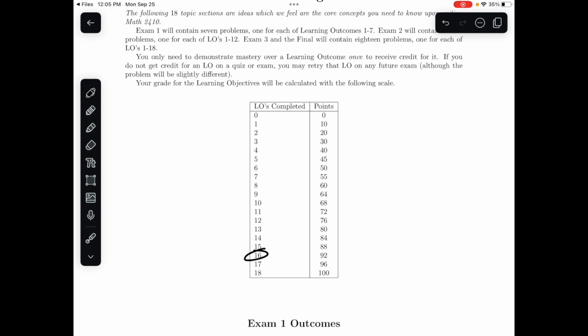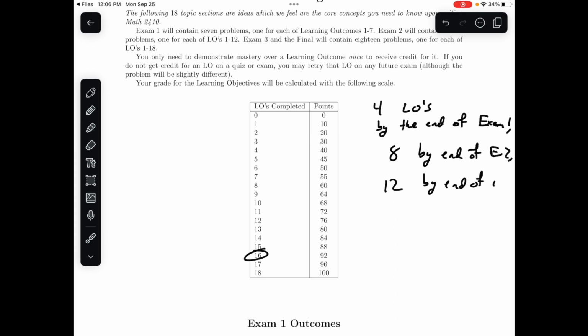So a good pace would be roughly 4 LOs by the end of exam 1, 8 by the end of exam 2, 12 by the end of exam 3, and then 16 by the end of the final. That's a rough A pace.